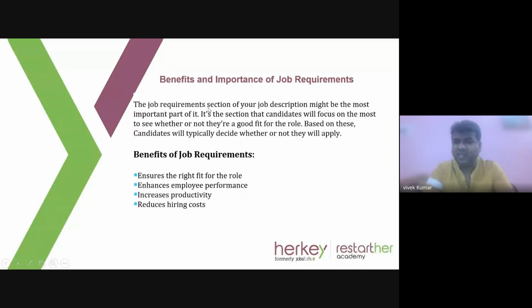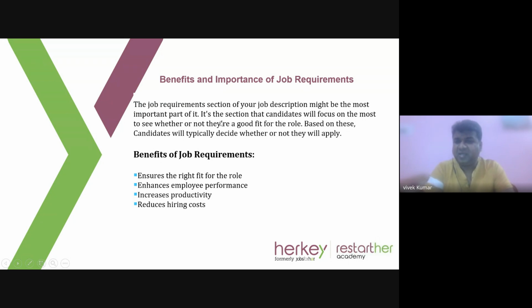But at the same time, this might be the most important part of it because all the things that are required for a job to be performed well by the candidates are mentioned in the job requirements. So no one can ignore it, whether you're on the recruitment side or on the candidate side. Both have to be equally vigilant about what is written there, and accordingly they should post or apply. So that's how it should be.